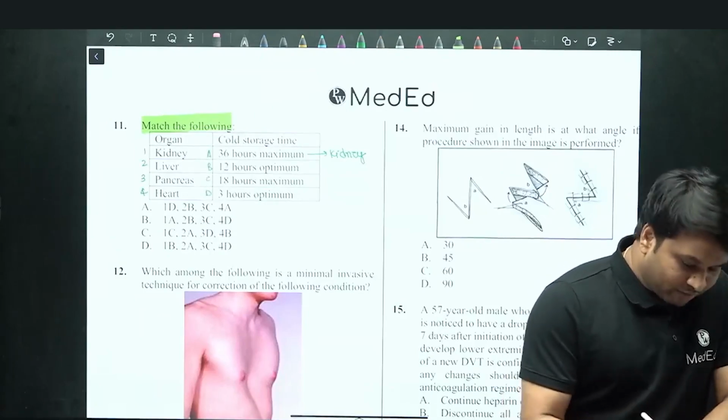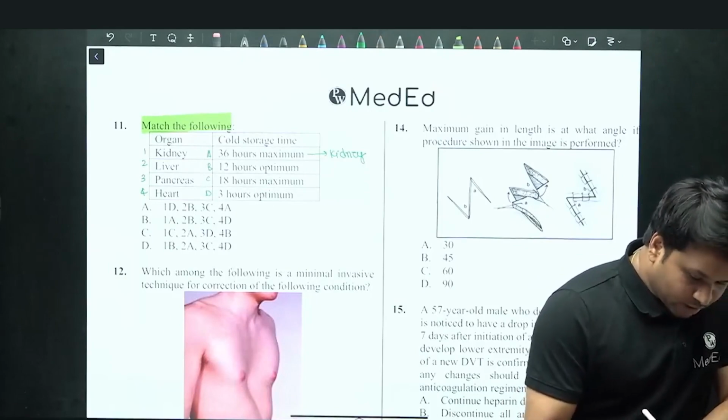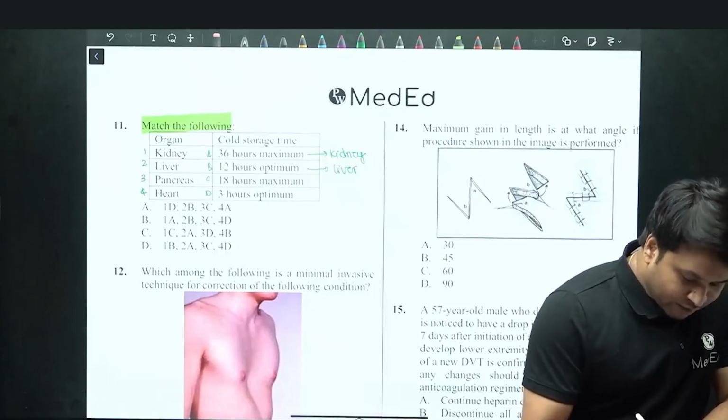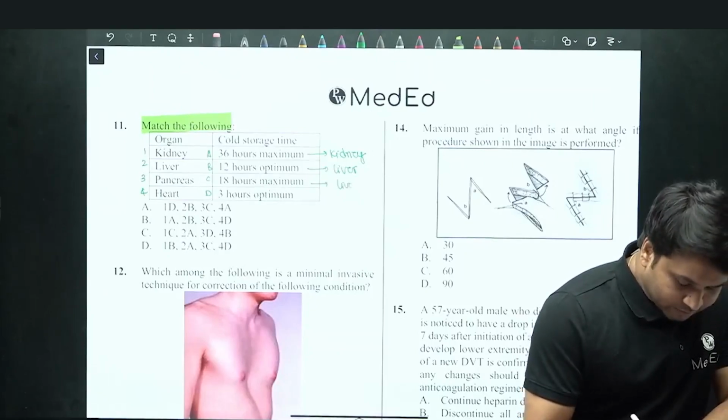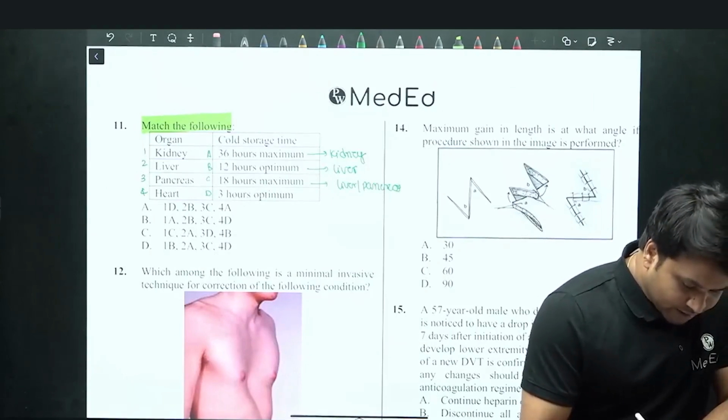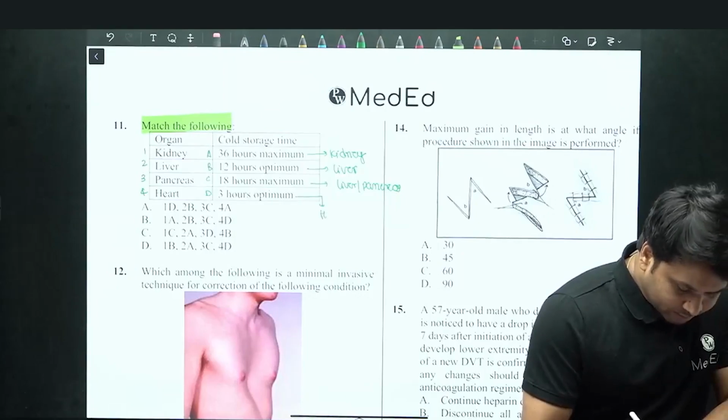Okay, 12 hours of optimum period or less than 12 hours of optimum period is seen for liver. 18 hours of maximum can be there for liver and pancreas. And 3 hours of optimum or under 3 hours, it is for both heart and lung. Right, this is what you have learned.